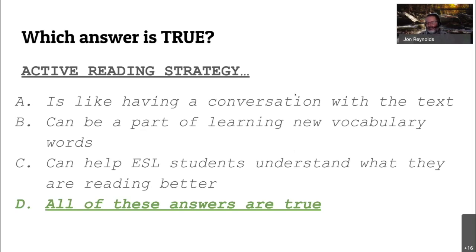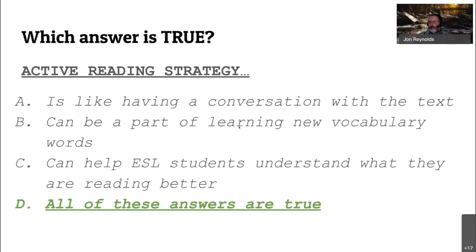So the idea here is, we talked about that active reading strategy is like talking to people. It's having a conversation with what you're reading. Now, we're going to show that more in the next couple of weeks. So again, letter A is something we're going to do more in maybe next week and 2 weeks later.